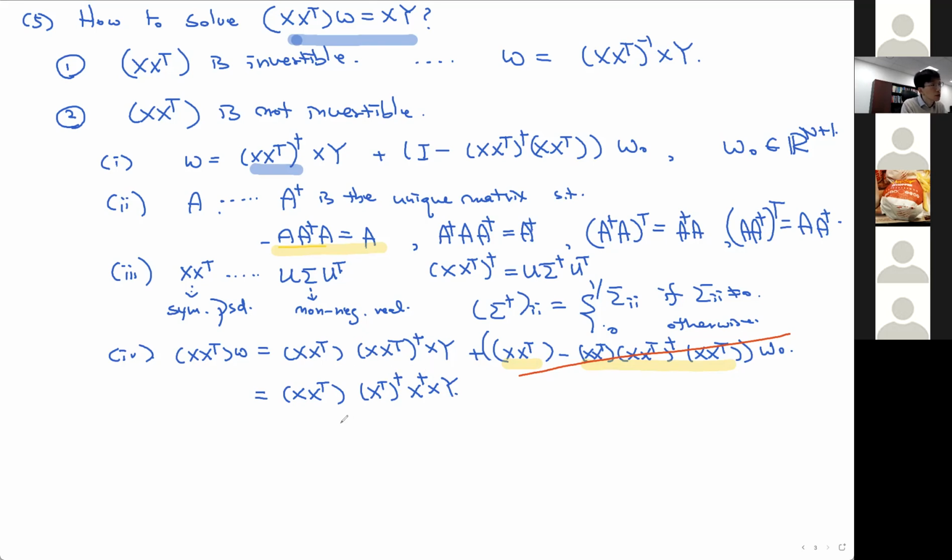So that's the same as what we can have. It's like there's some inverse operation, and also the pseudo inverse and transpose commute. So it's X transpose. Now what we can do is group these two terms together.